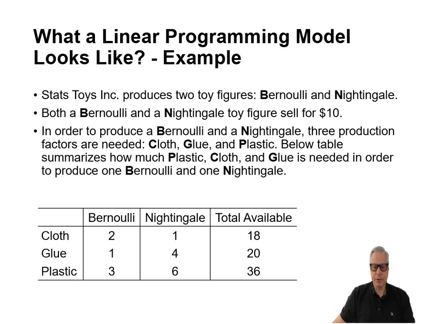So for example, if you want to produce one Bernoulli, it requires 2 units of cloth, and the production of each unit of Nightingale requires 1 unit of cloth. But we have only 18 units of cloth. So that means we cannot produce 10 Bernoullis because that would require 20 units of cloth, but we have only 18. And the same applies to glue and plastic.